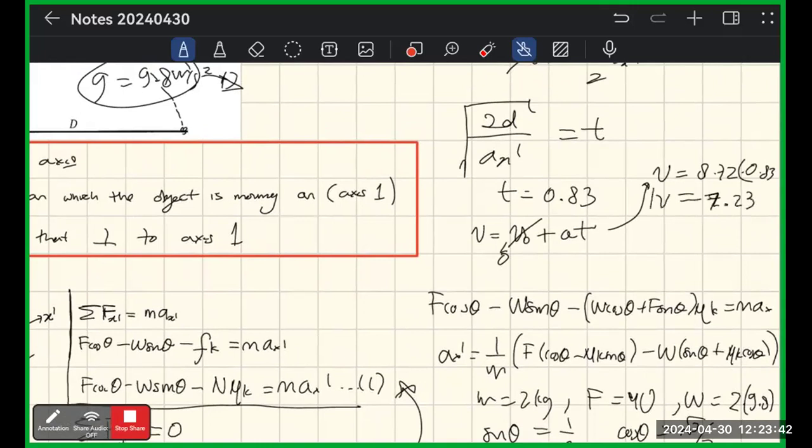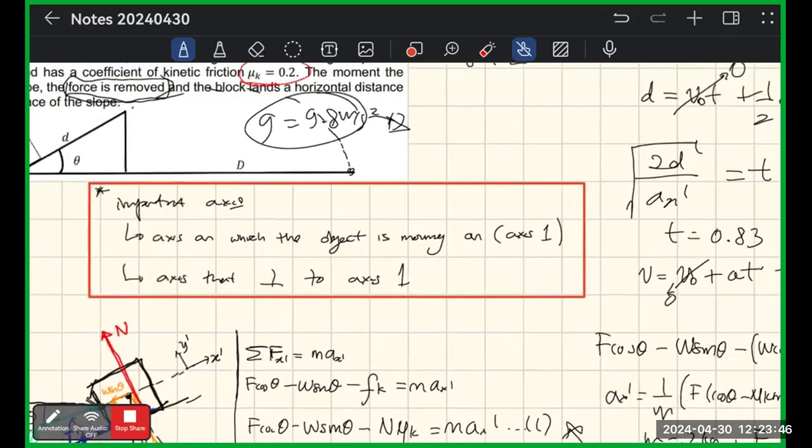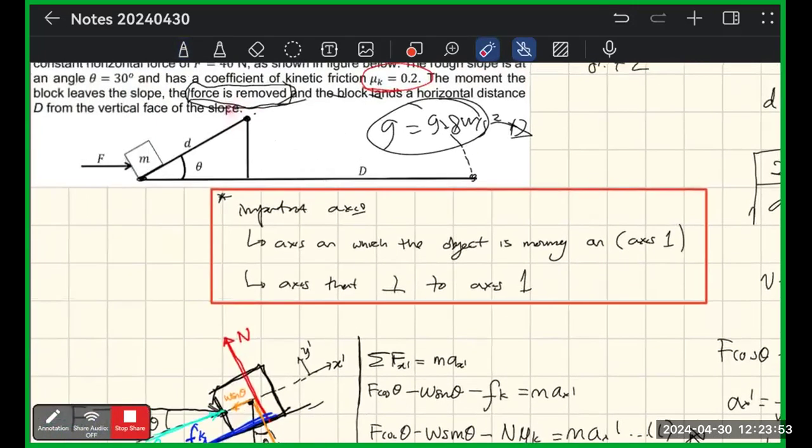You say 0.23 is the velocity on the top of the slope, right? On the top of the slope, it has the velocity of 0.23.